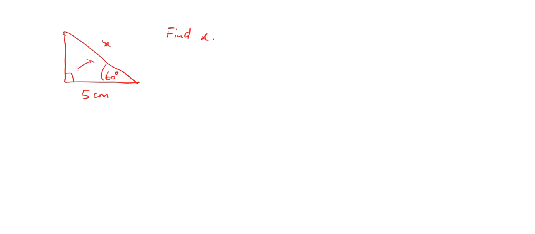And we know that x is the hypotenuse, and this is the adjacent side, right? So we're going to use cosine again. So cos theta is equal to adjacent over hypotenuse.